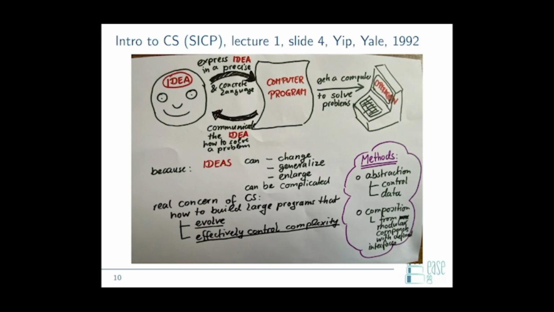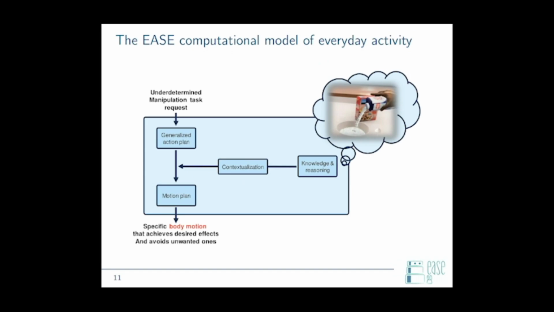And the way we are doing that, and that's also the framework of thinking for this fall school, is that the way we are going from an underdetermined manipulation task to the specific body motion that achieves the desired effects and avoids unwanted ones is that we are designing generalized action plans for a particular category of actions, such as boring, that we will provide templates of motion plans that these generalized plans can be translated to.